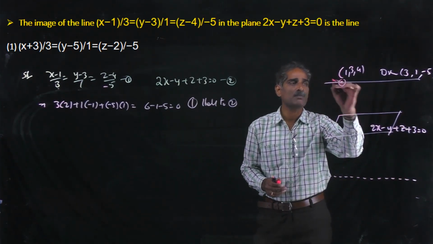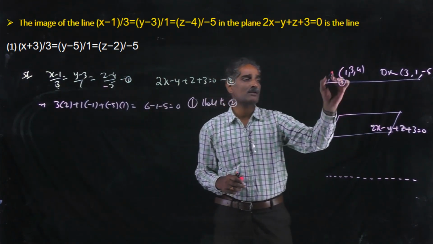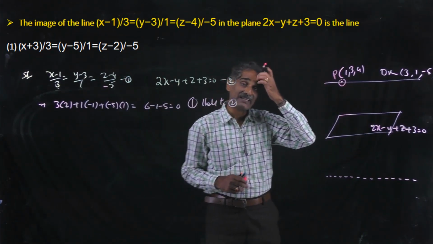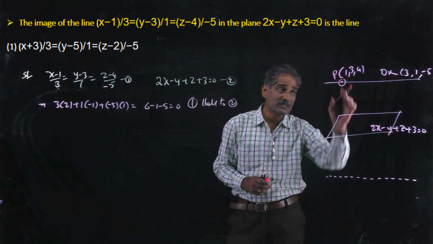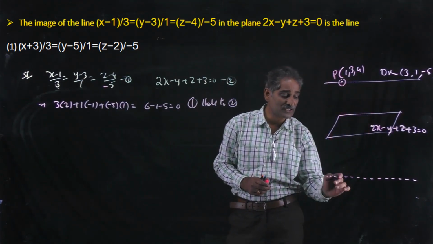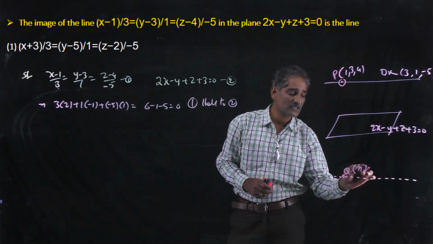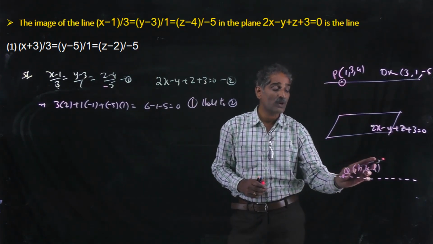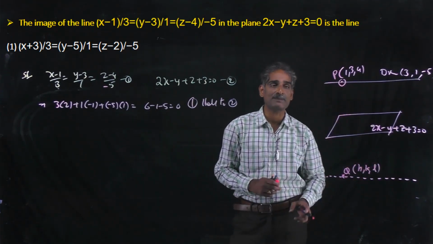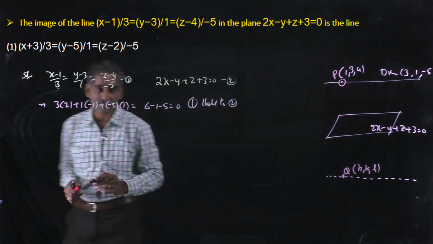So let us take a point. Clearly the line is passing through (1, 3, 4). This is the position of a point P on the given line. We have to find the image of this point. The image of this point with respect to the plane should lie on this line. Let Q(h, k, l) be the coordinates of the image of P with respect to the plane. So now we have a formula to find the image of the point.